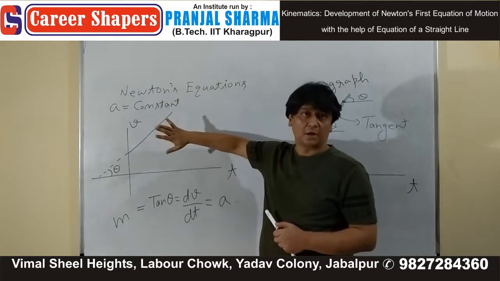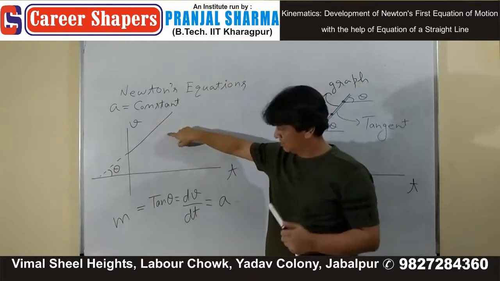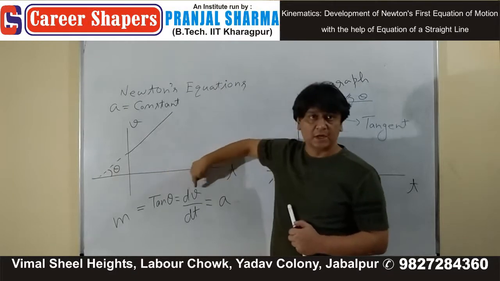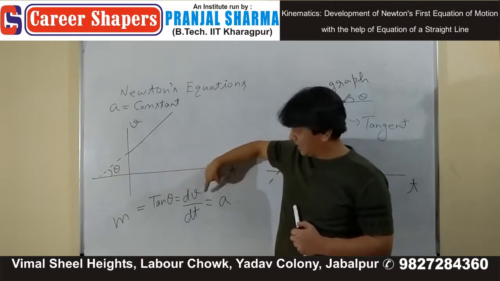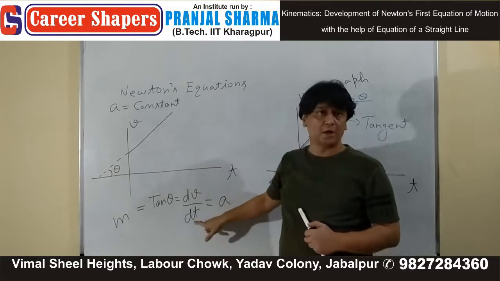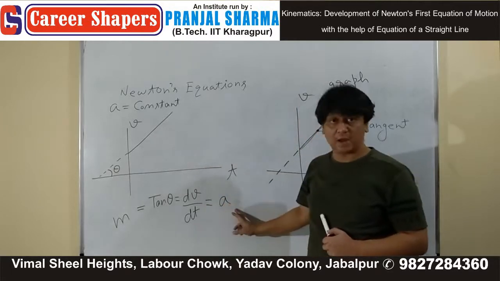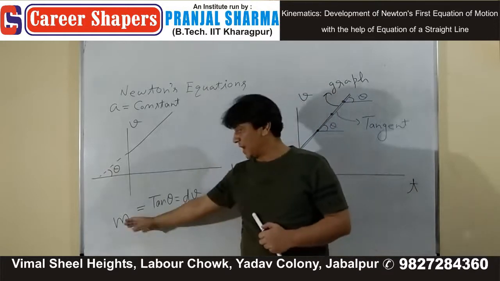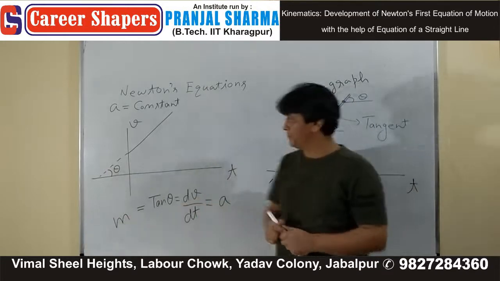For a tangent, tan theta is d vertical axis divided by d horizontal axis, which is a. For a line, tan theta has a name which is called m.